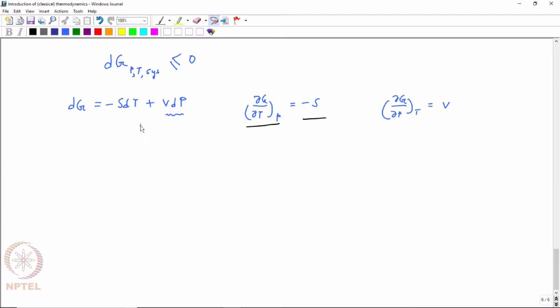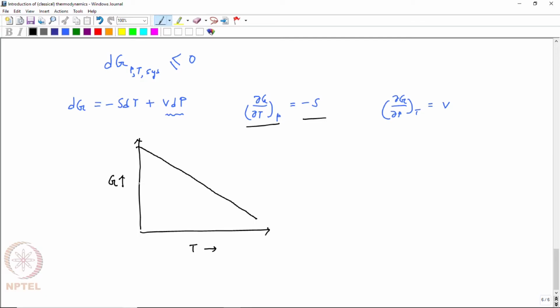So if we plot the variation of the Gibbs free energy with respect to temperature at constant pressure, we'll get a curve, and the slope of this curve will be equal to the absolute entropy, with a negative sign. The slope is given by del G del T at constant P, and that is minus S. Now, S is always positive, so minus S will always be negative, but for a gaseous substance the slope will be much higher, and also see that we are starting from a very high value.